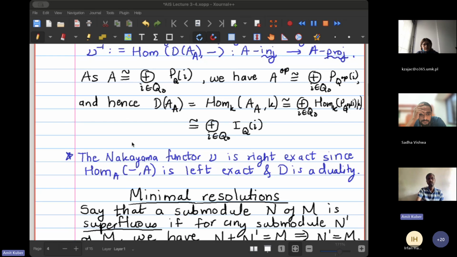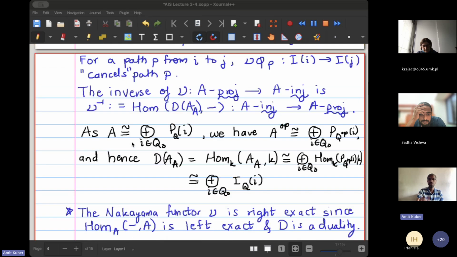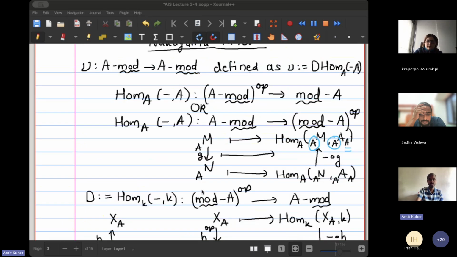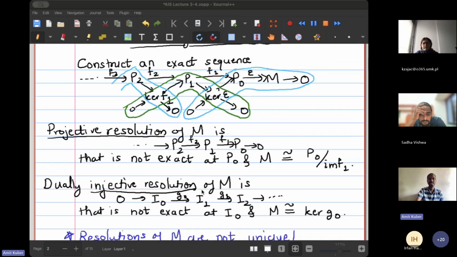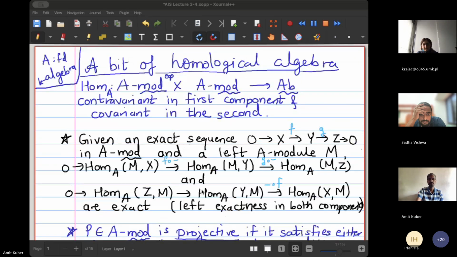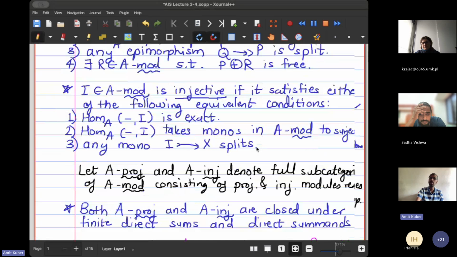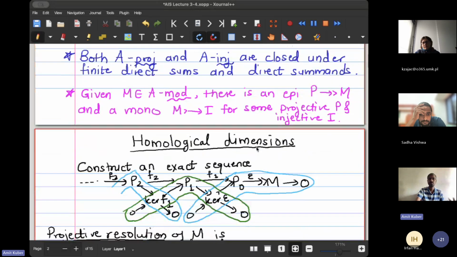So let us see this. Hom(-, A), if you recall, is a contravariant functor, but we wrote on the first page itself that it is left exact in both components. Whereas the duality simply swaps everything.